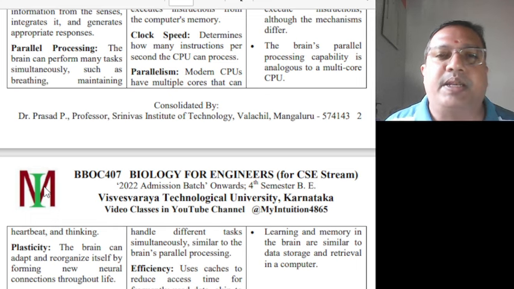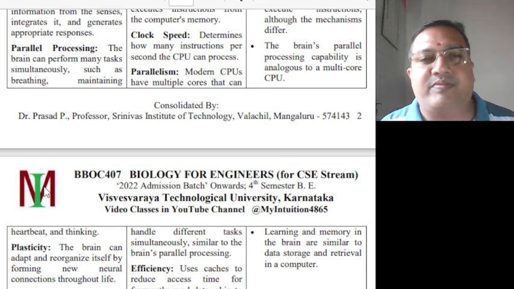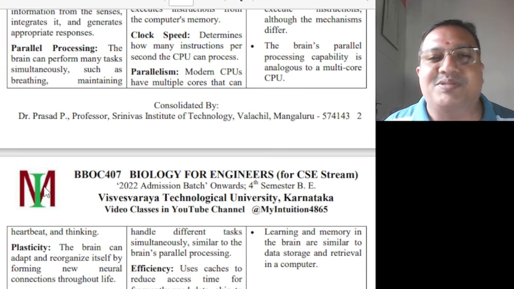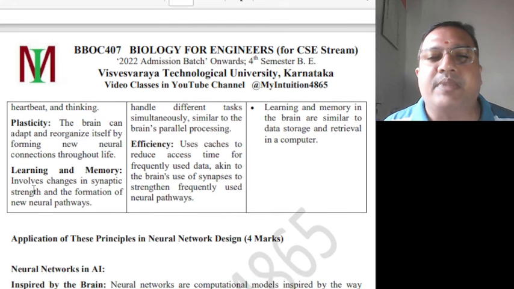That is called parallel processing, which computer science students may know. Plasticity: the brain can adapt and reorganize itself by forming new neural connections throughout life. Learning and memory involve changes in synaptic strength and the formation of new neural pathways.